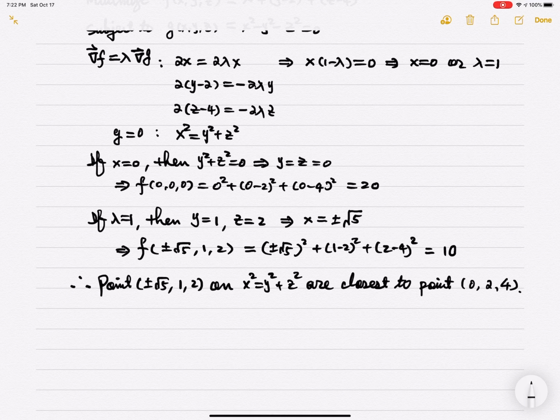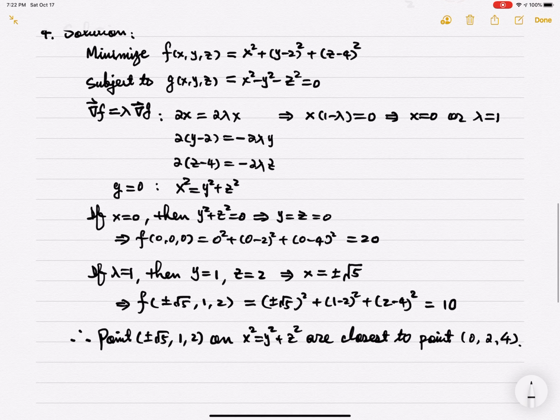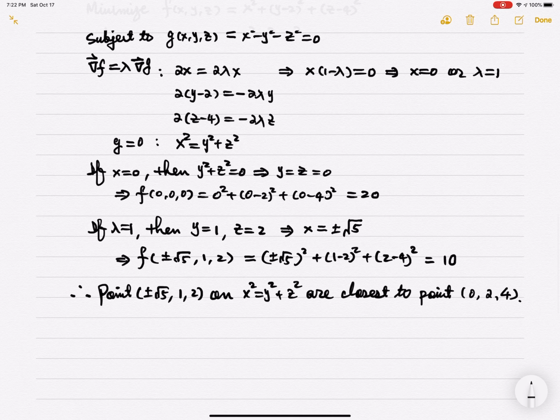Okay, so this uses the Lagrange multiplier method. You don't have to do any further testing.